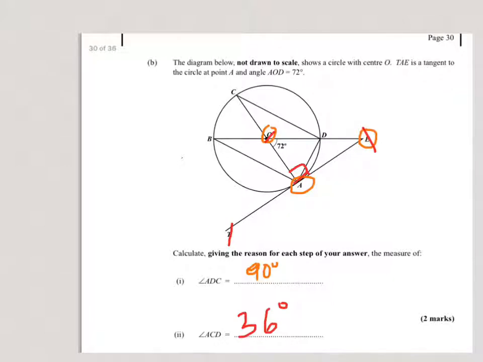Now we subtract 162 from 180, and if your answer is 18, then you are correct. So therefore E equals 18 degrees. And the reason is interior angles in a triangle sum up to 180 degrees. And there goes 8 easy marks.